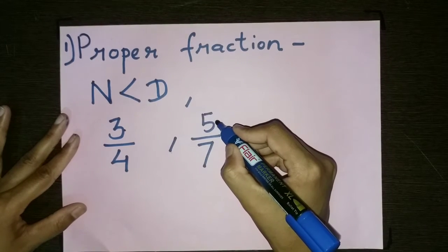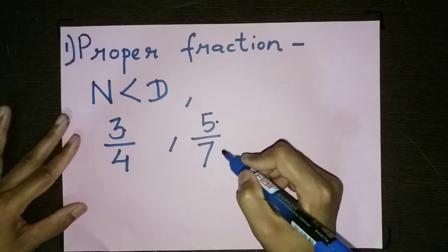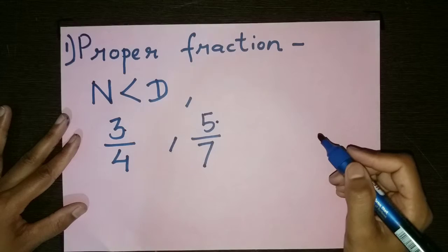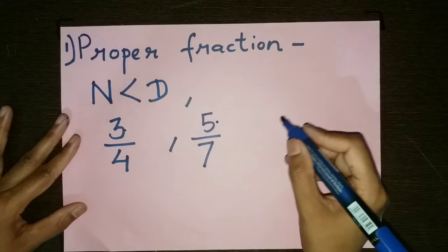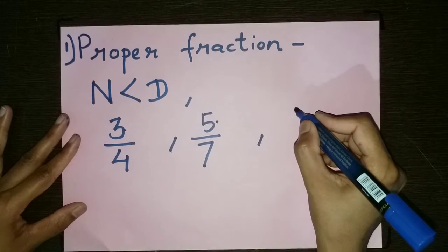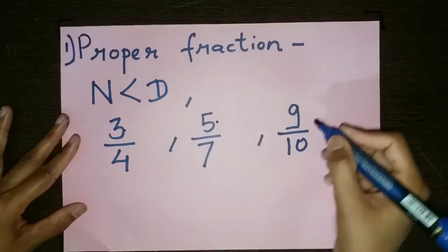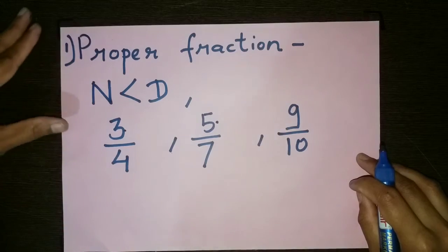Here also the numerator is smaller than the denominator, so this is also an example of a proper fraction. Like that we can consider many examples. Just like marks obtained in your examination, suppose your marks obtained are 9 out of 10. So 9 by 10 is also an example of a proper fraction.